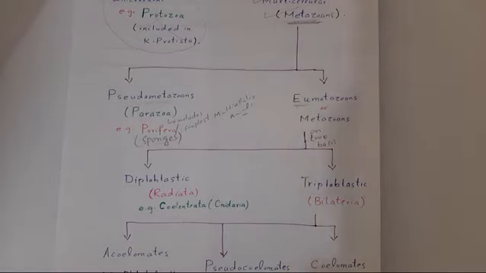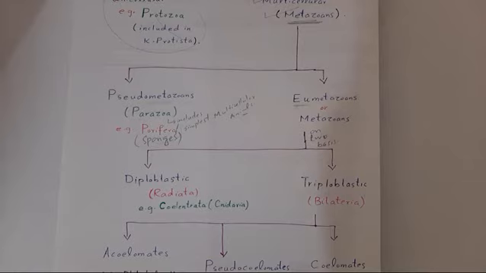And on the basis of body symmetry, the eumetazoans are also divided into two groups. One group is called grade or group Radiata, which have radial symmetry, and the other group is called grade or group Bilateria, which have bilateral symmetry, right?